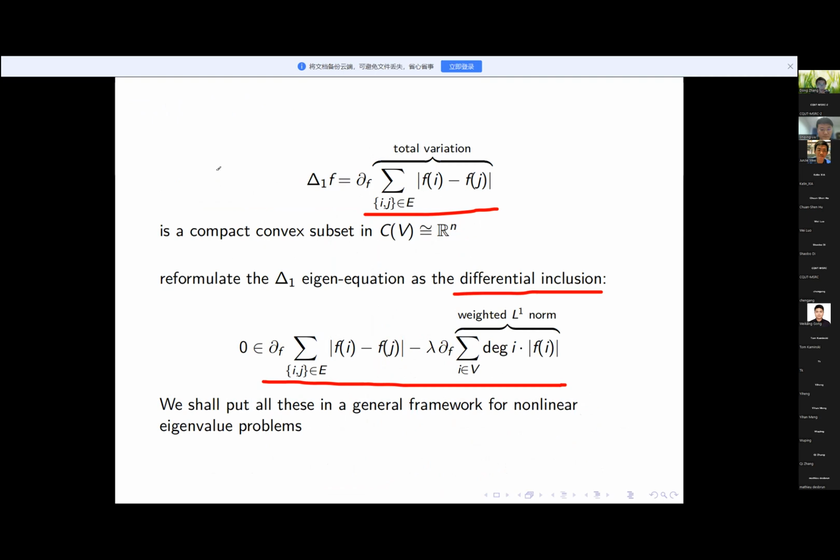And to explain it clearly, we should put all these things in a general framework for a general nonlinear eigenvalue problem. Okay, let's start with this general setting.